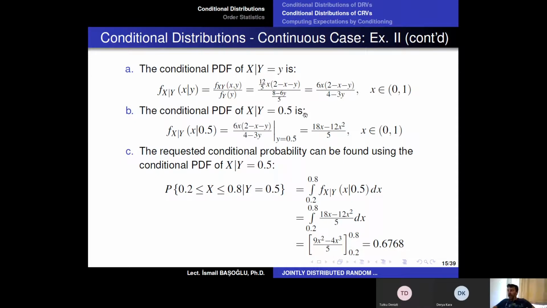And finally, for part C, it asks us to calculate the conditional probability of x being between 0.2 and 0.8, given that y is equal to 0.5.